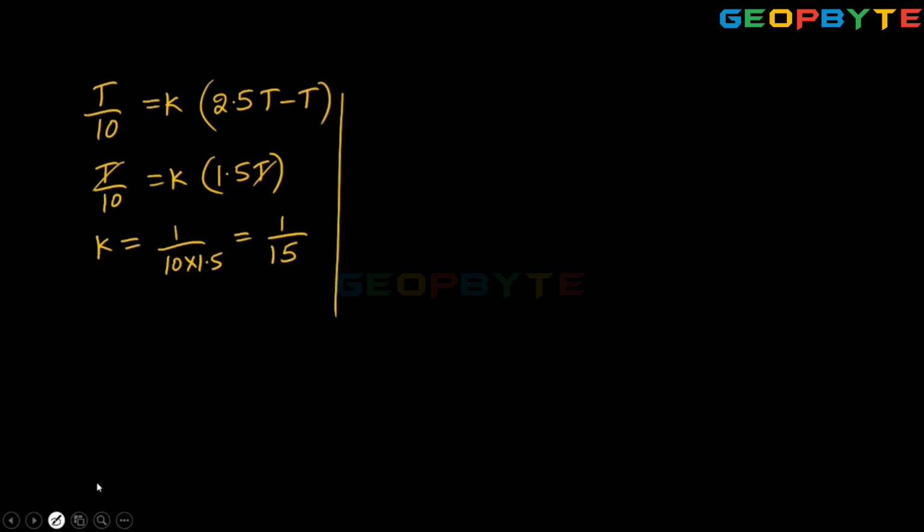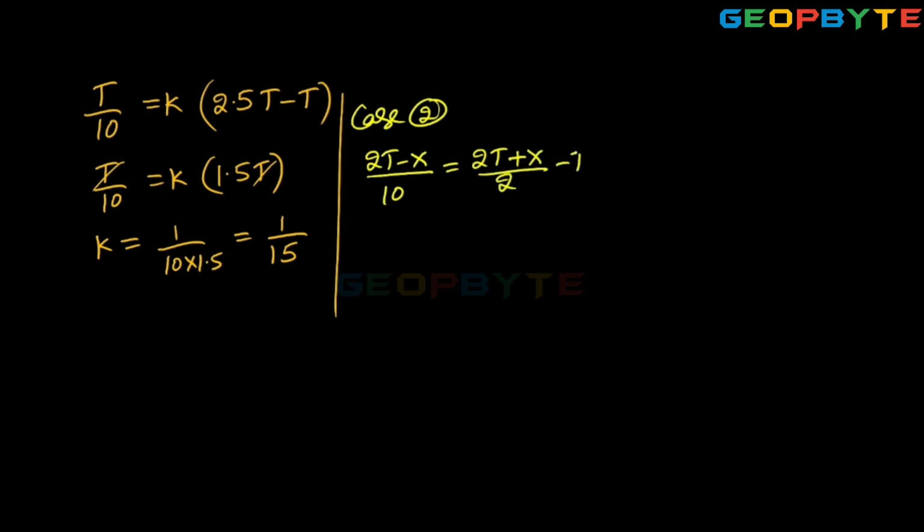Now let us take case 2: (2T minus X) by time period 10 equals ((2T plus X) by 2 minus T) into k.